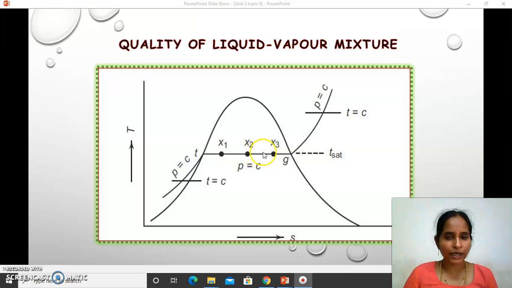If your point is nearer to the saturated vapor line, then it consists of more vapor. So by fixing the point of dryness fraction, you can sense the quality of the mixture. Here this is a constant pressure line, and you can see the various dryness fraction points.